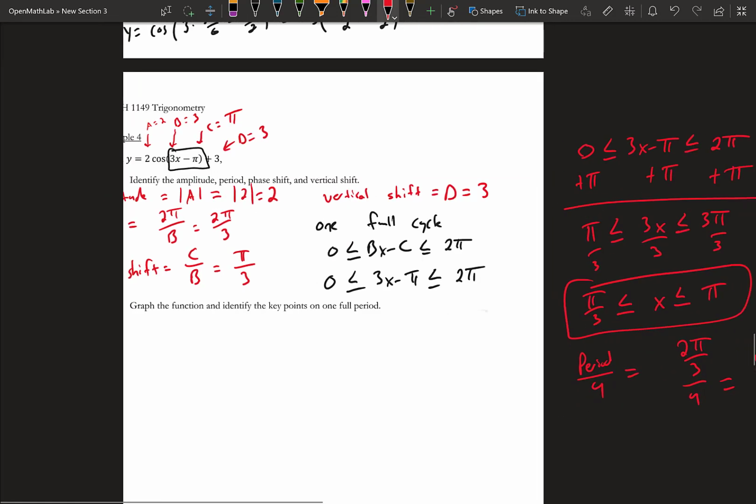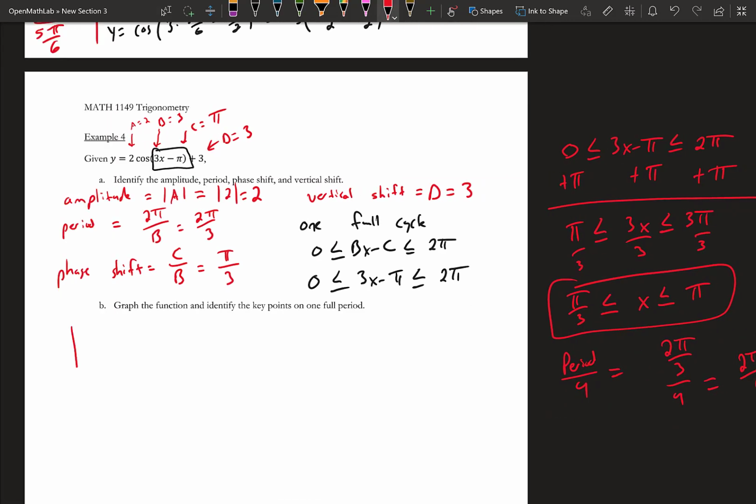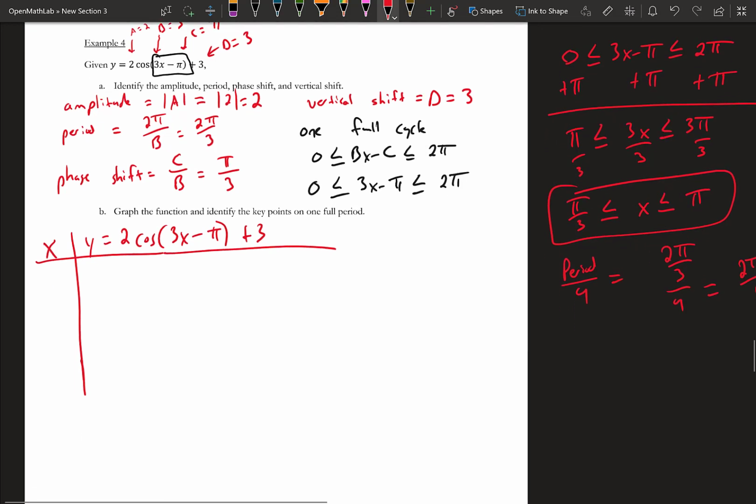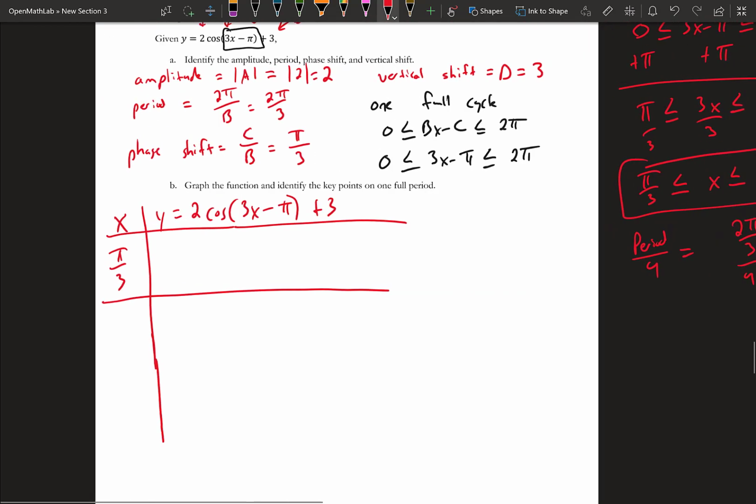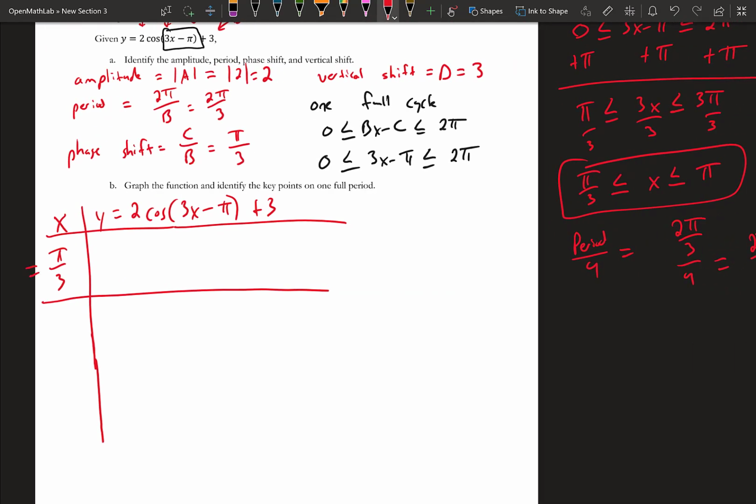Right, so essentially we'll come over here. We have x and y equals 2 cosine of 3x minus pi plus 3. So we want to start at pi over 3 and add pi over 6 each time, right? So if you want to make this a little easier, this would be 2 pi over 6.